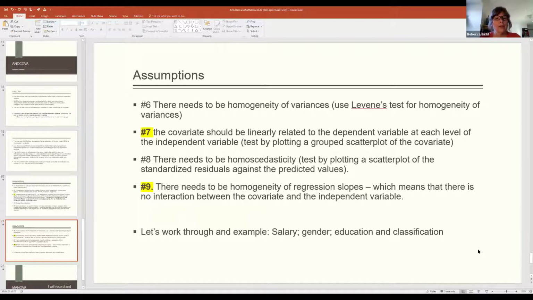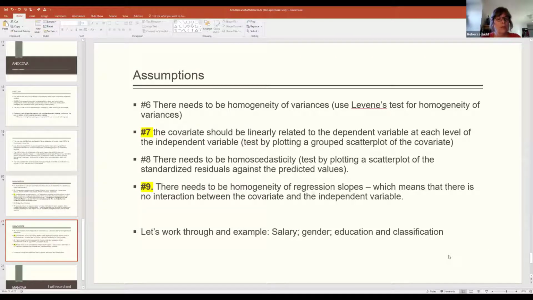The covariate should be linearly related to the dependent variable at each level of the independent variable. You can create a grouped scatter plot of the covariate, and I'll show you how to do that in SPSS, so that you can look for linearity related to the dependent variable at each level of the independent variable.